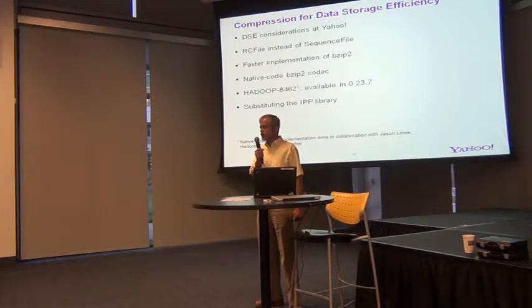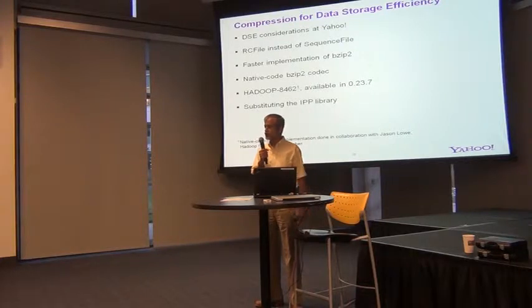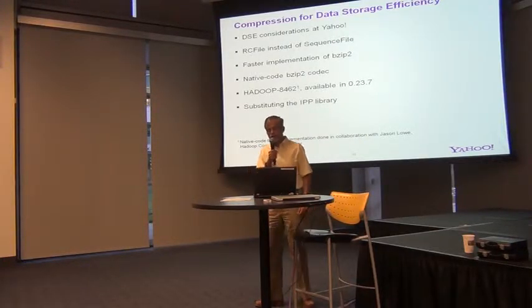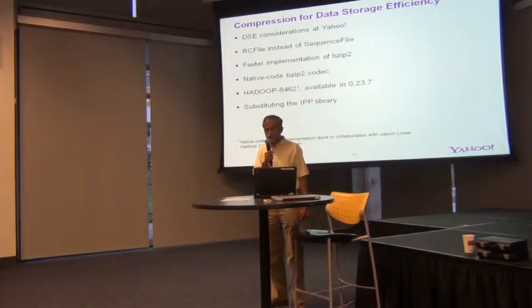The issue was that, as I said earlier, the bzip2 codec was one codec that didn't have a native code implementation, so it was not easy to substitute another library. So we had to rewrite the library, and that was done in conjunction with the community. This is available as a JIRA ticket and was checked in. It's available in newer versions of Hadoop 0.23.7 and above.